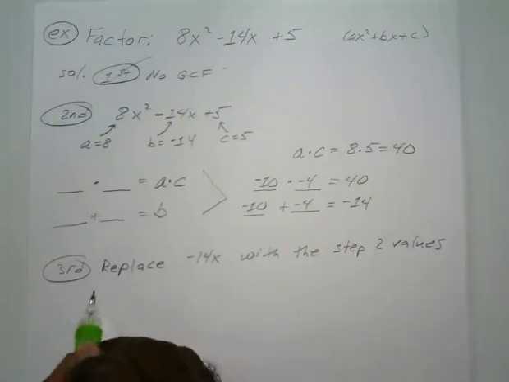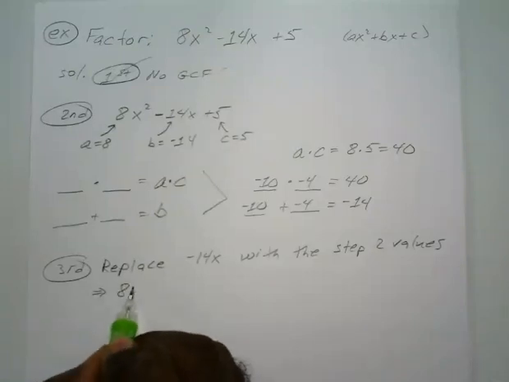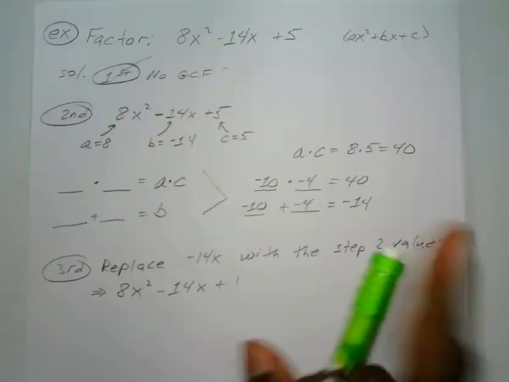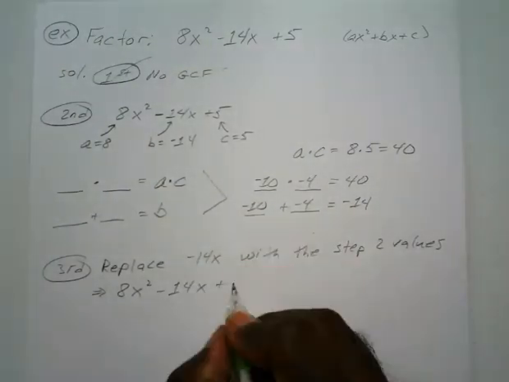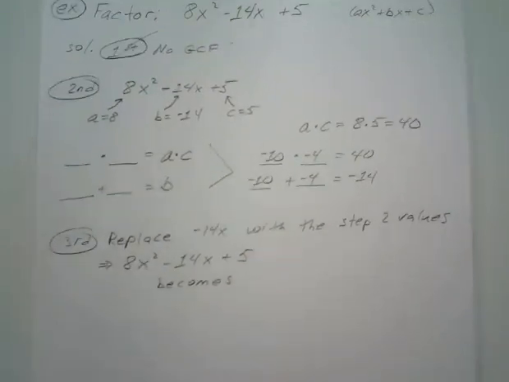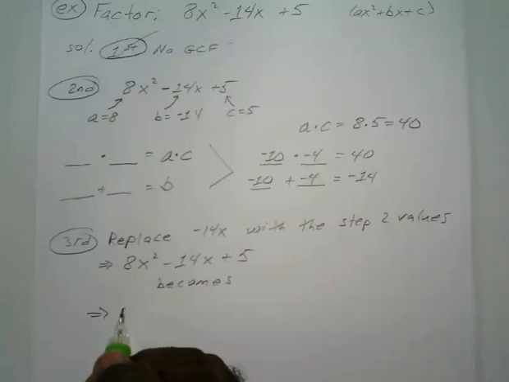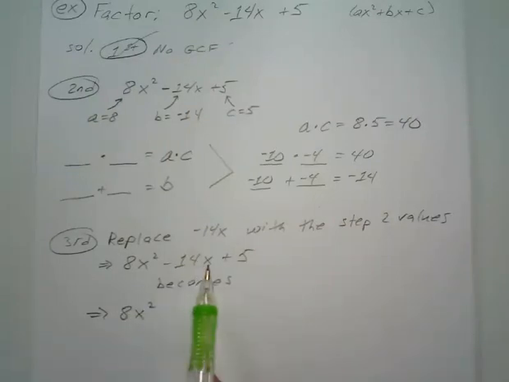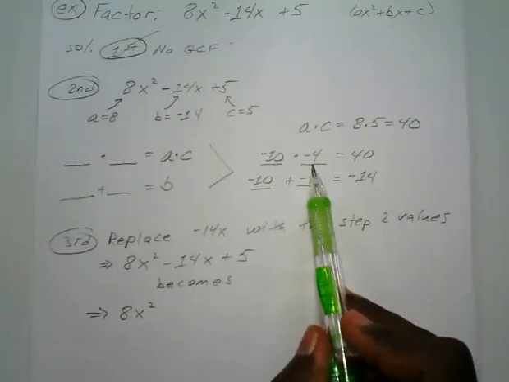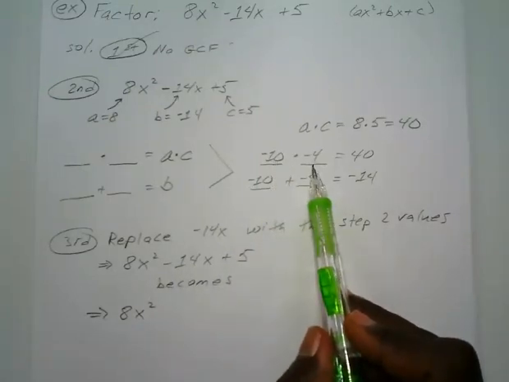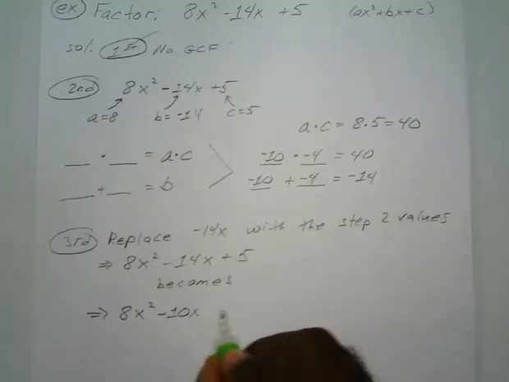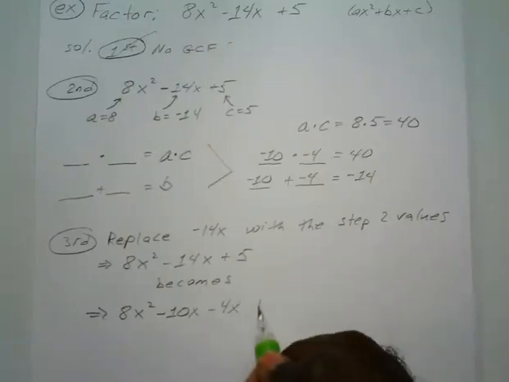So our 8x squared minus 14x plus 5 becomes, and this is the really cool part, 8x squared, and instead of minus 14x, you're going to replace minus 14 with negative 10 and negative 4. Because it's still minus 14, you're just rewriting it. So you have minus 10x minus 4x plus 5.